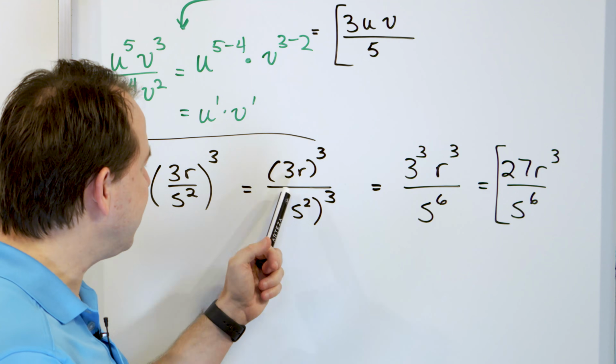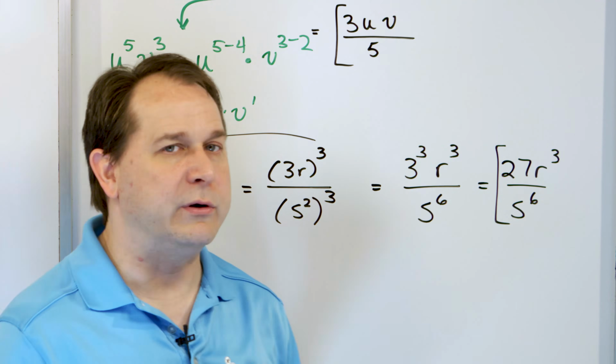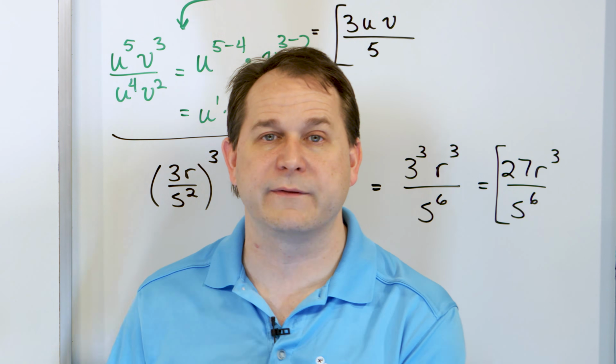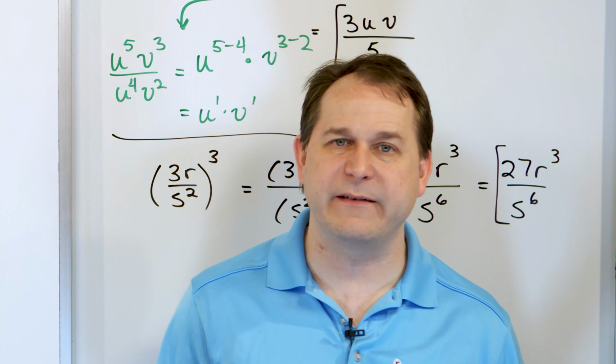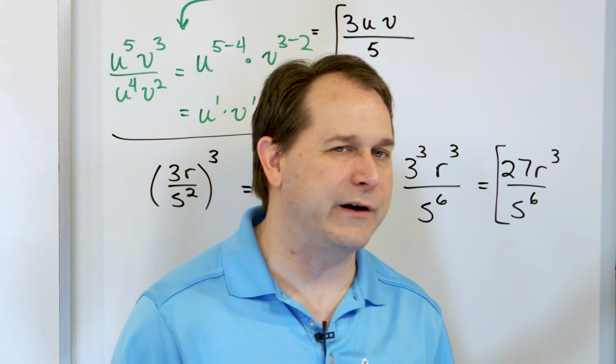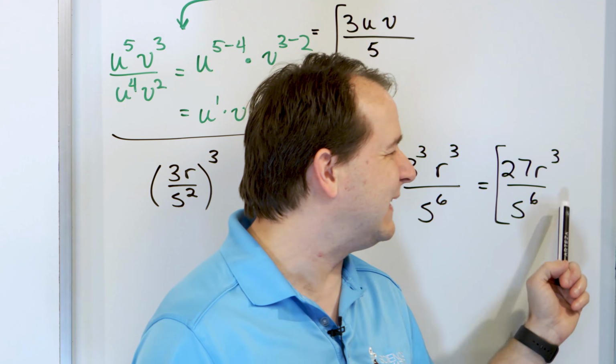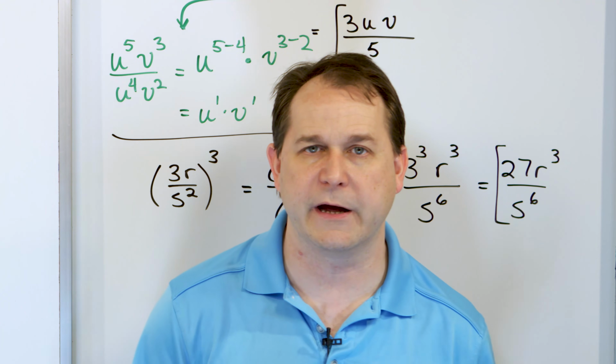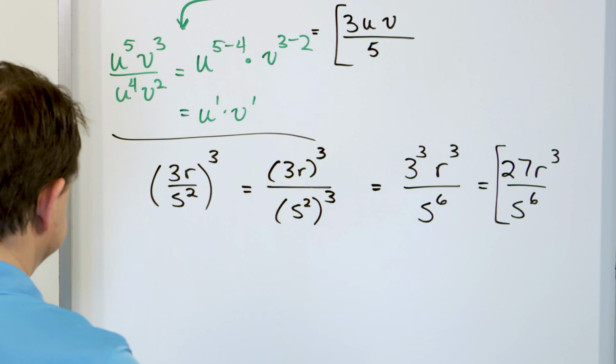So the bases have to be the same in order to add or subtract the exponents, or even when we do other things like adding like terms, everything has to be the same, right? So here we have an r cubed and an s to the 6. Sorry, we just can't do anything with it because these are completely different items. You can't just combine them together. So we leave it like this.